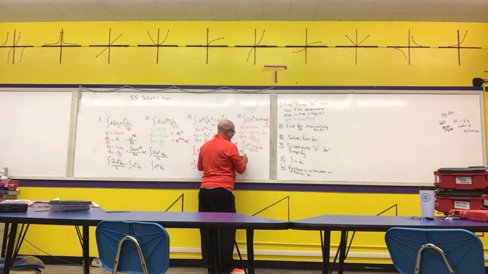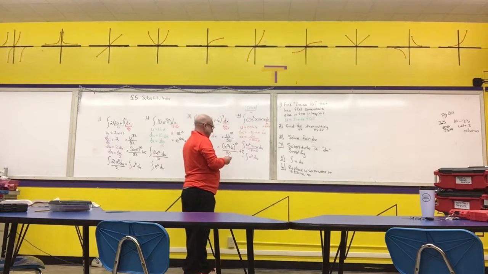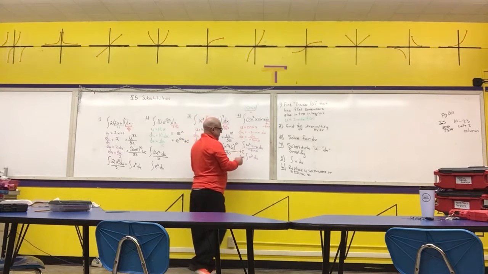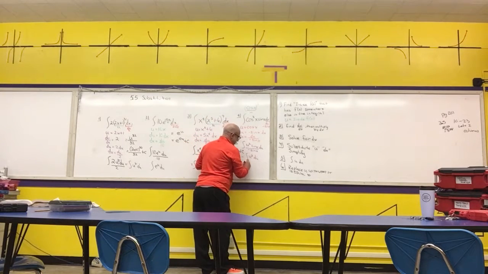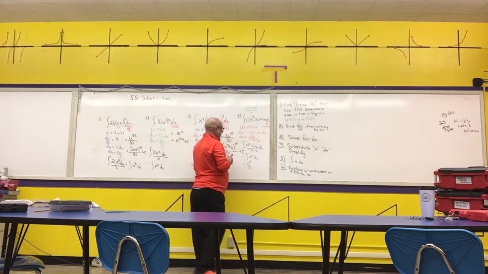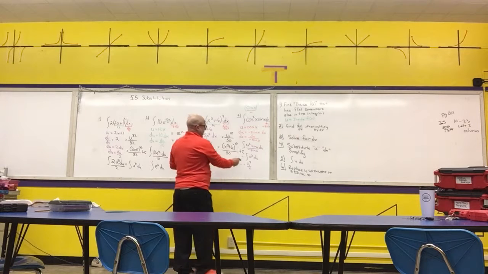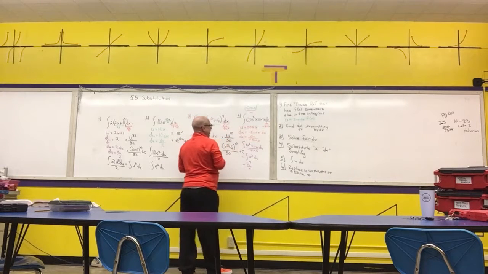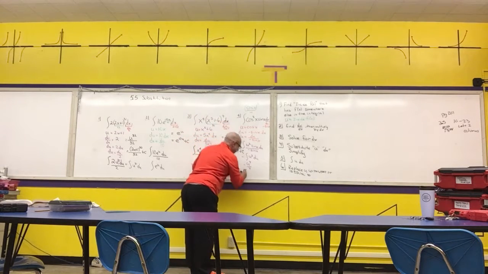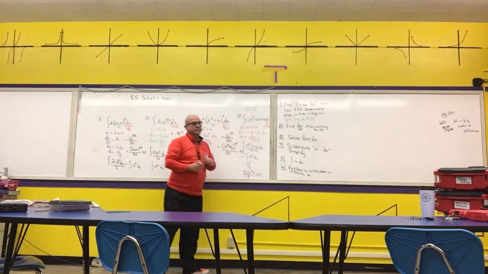I'm going to bring the negative out front. So it's negative the integral of u cubed du. I can now evaluate this. So I'm going to end up with negative u to the 4th over 4. Substitute back in for u. U is cosine of x. So my final answer would be negative cosine to the 4th of x over 4 plus c.